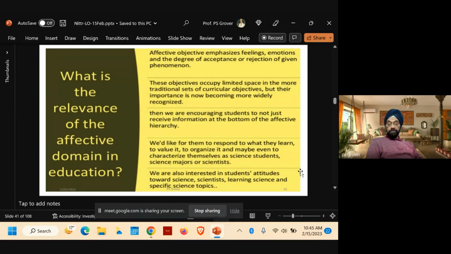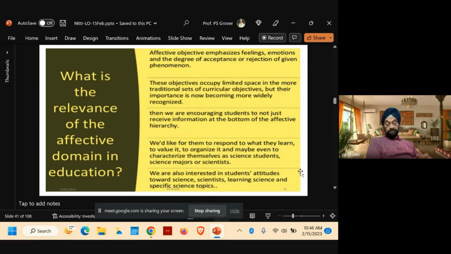These objectives occupy limited space in the more traditional sets of curricular activities, but their importance is now becoming more widely recognized. Then we encourage students to not only receive information as a part of the affective domain, but share information. So the affective domain has now become very important. When I say value-based education, then affective domain plays a central role.